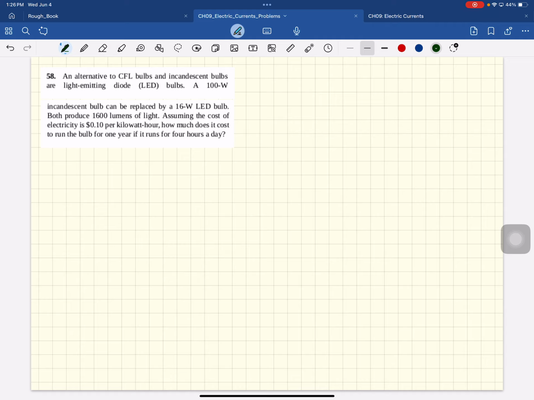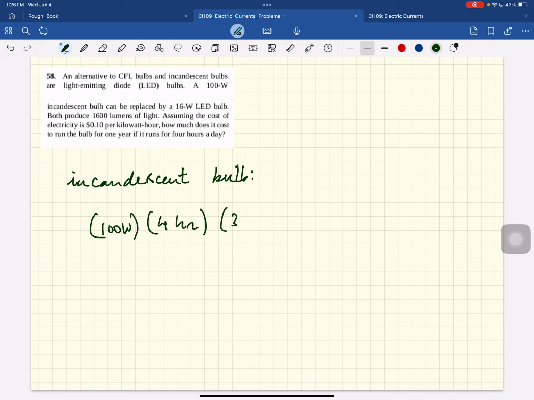Okay, so the 100-watt bulb, the incandescent, so it's 100 watts of electricity, 4 hours, and it's 365 days. And so the energy used is that.